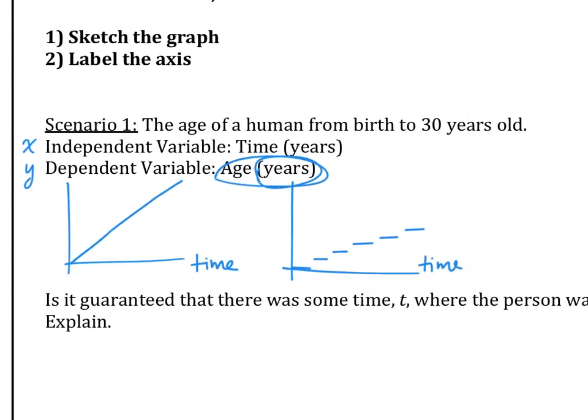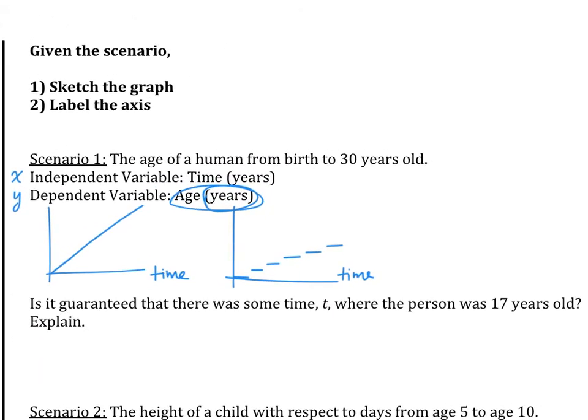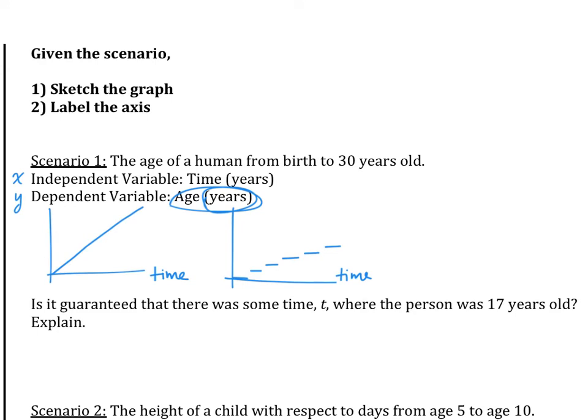That's awesome. Now, this question has to do with the graph you drew. Is it guaranteed that there was some time t where the person was 17 years old? Is it guaranteed that if this person had an age from birth to 30 years old, that sometime in his life, this person was 17 years old?